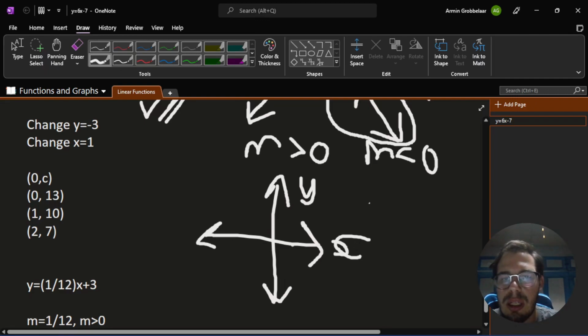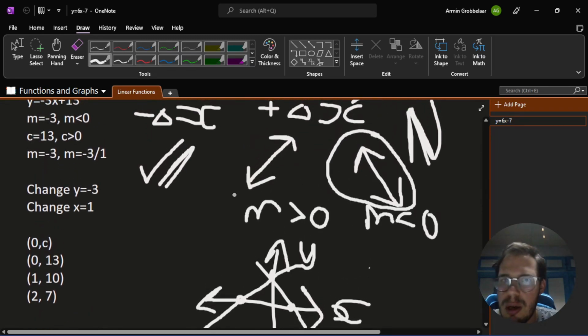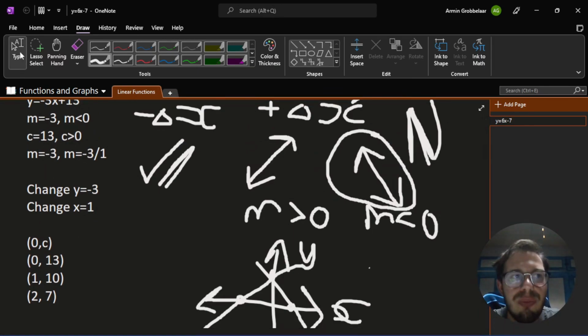So then you only need 2 points, like maybe here and here. So then your function would be here, or maybe here and there, and then your function would be there. So then you only need 2 points. But in the first method and in this method, you need 3 points.